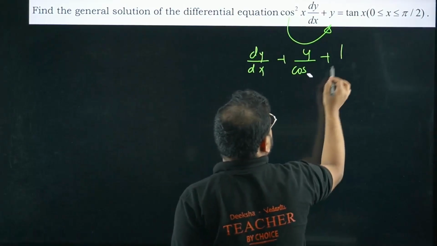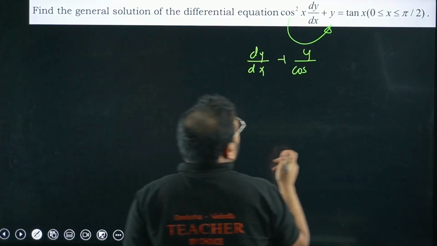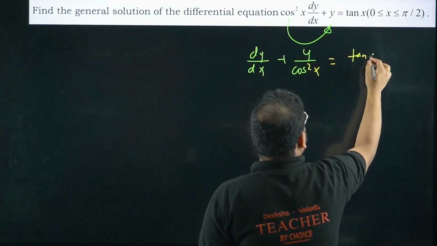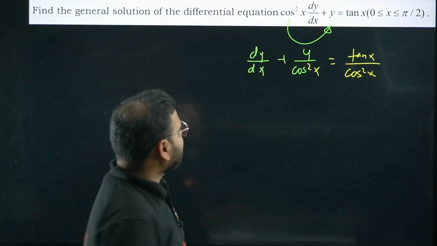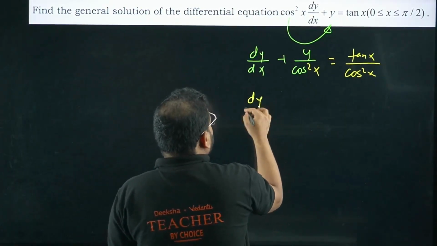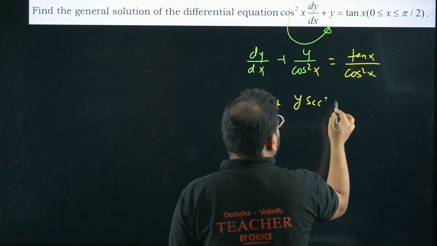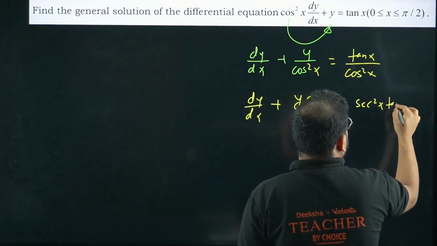Some minor mistakes here. So what we have here is y upon cos square x equals tan x upon cos square x. I can write this in terms of sec square. So dy by dx plus y sec square x equals sec square x tan x.